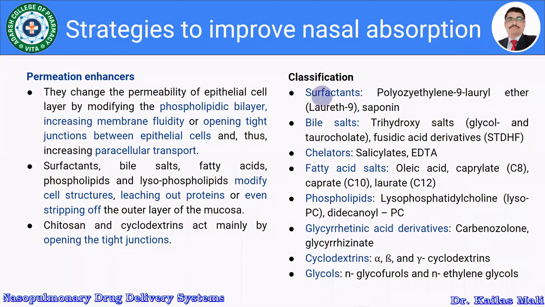So in the case of surfactants, it is possible to use laureth-9 and saponins.